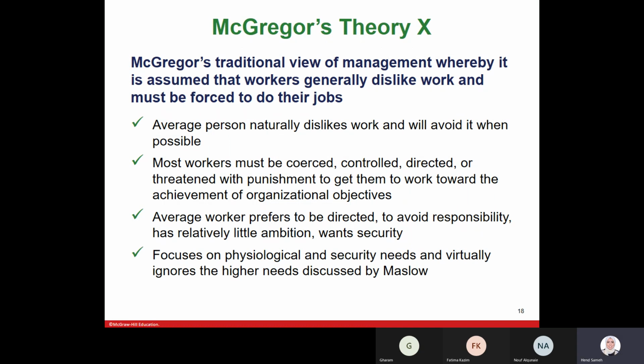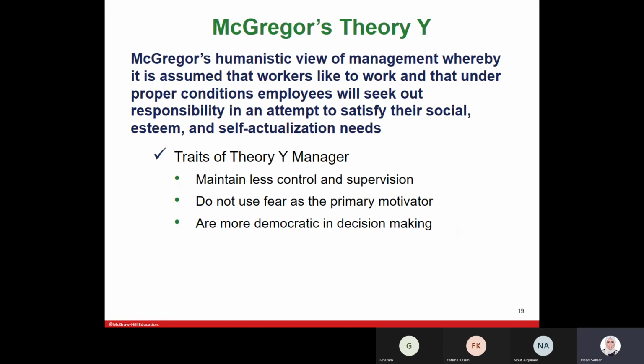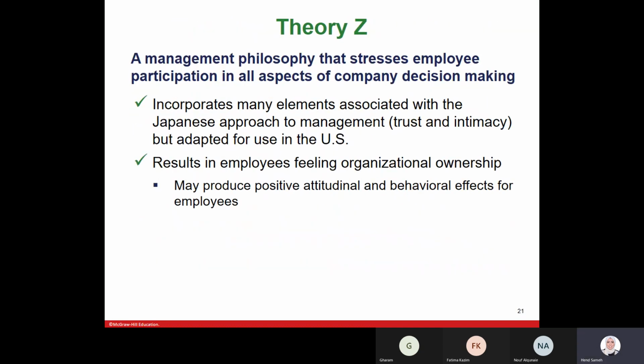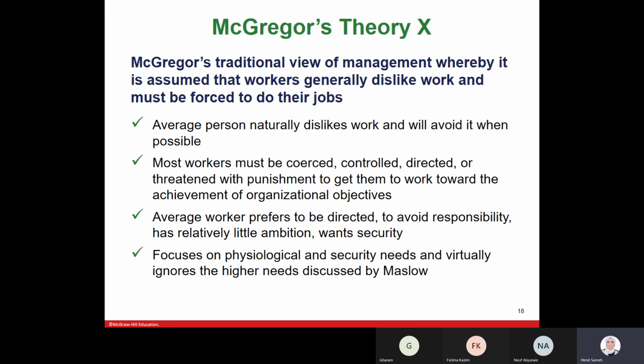Okay. We have three theories that are related to each other: theory X, theory Y, and theory Z. The one who made theory X and theory Y is a scientist called McGregor.